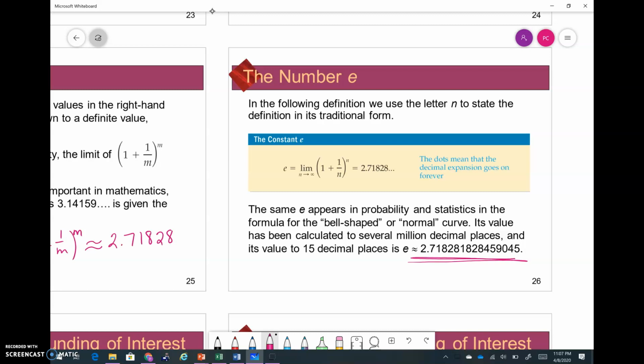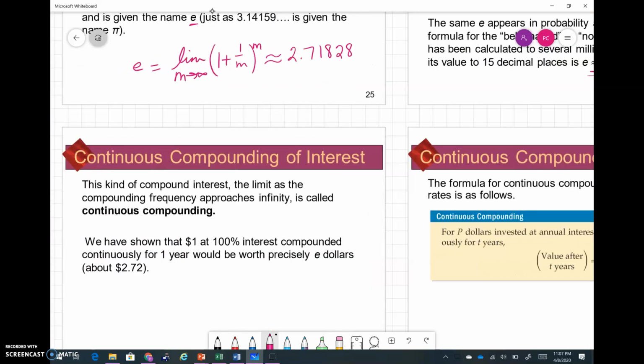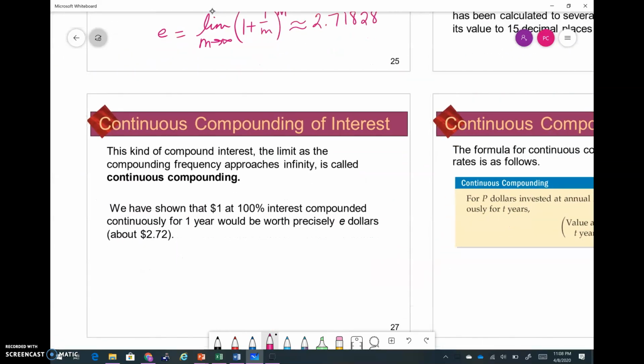Well, we've talked about compounding daily, monthly, quarterly, annually, semi-annually. But what happens if I want to compound more than that, and I want to see what happens if I'm compounding continuously? And that's where the 1 million times a year, 10 million times a year would come in. If we're continuously compounding, what we get is a formula called continuous compounding.